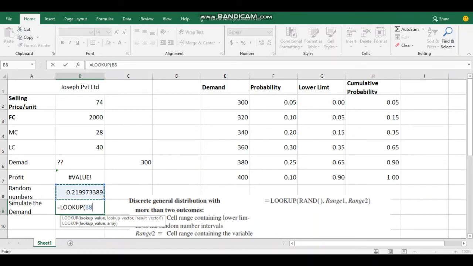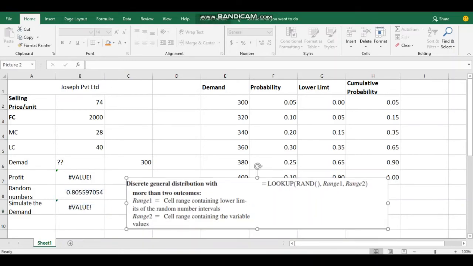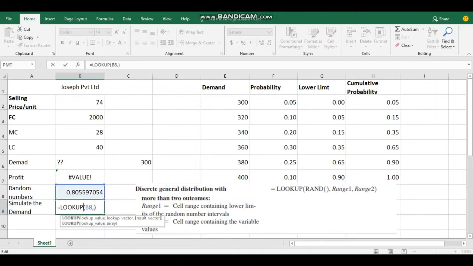That is our RAND value, comma. What is range 1? You can see in this book: range 1 is the cell range containing the lower limit of random numbers, and range 2 contains the variable values. The RAND function is what we got here. The cell range 1 is nothing but the lower limit.